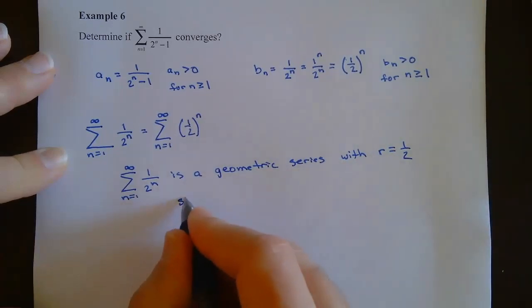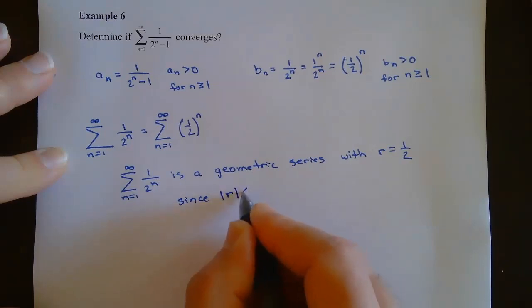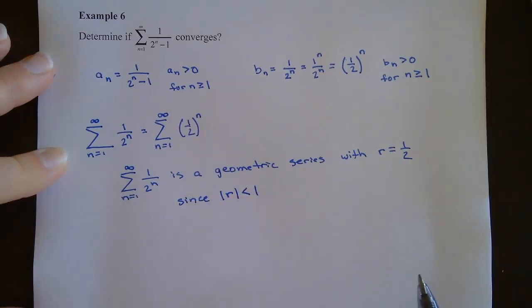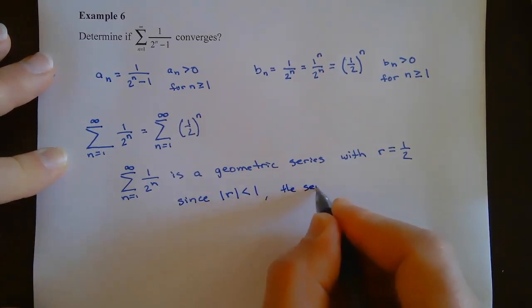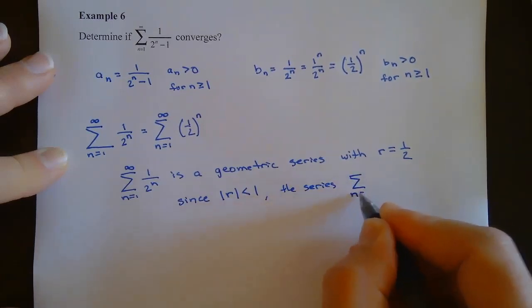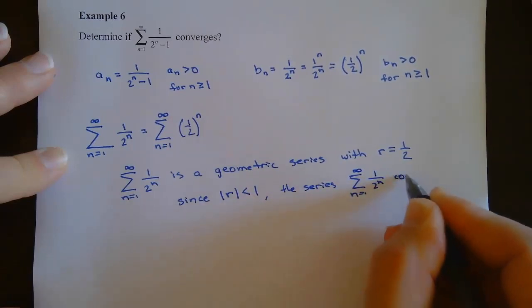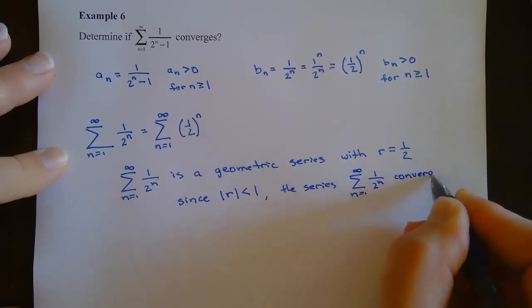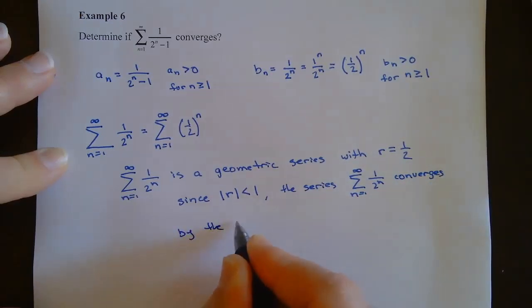Since the absolute value of r is less than 1, because the absolute value of 1/2 is 1/2, the series sum from n equals 1 to infinity of 1 over 2 to the n converges by the geometric series test.